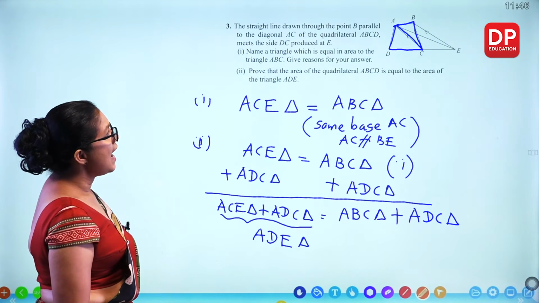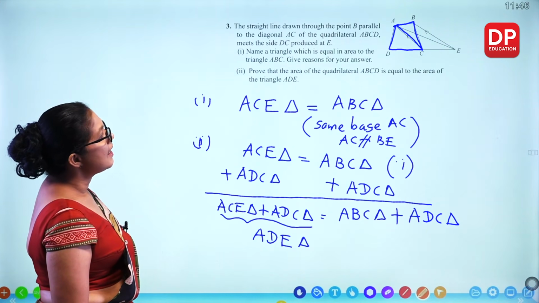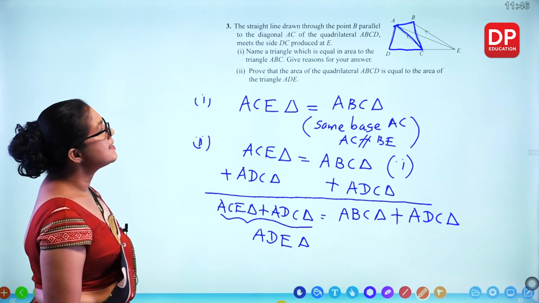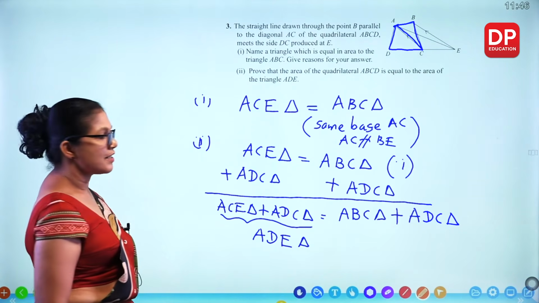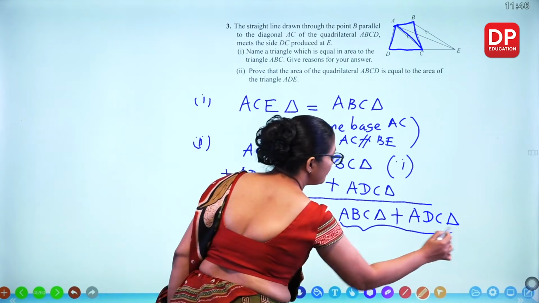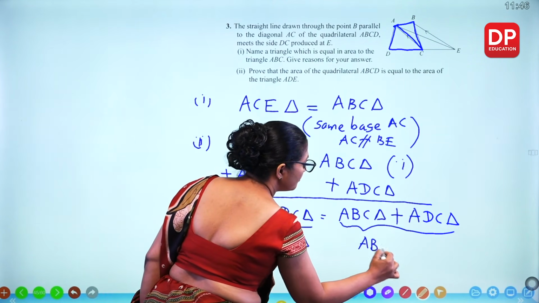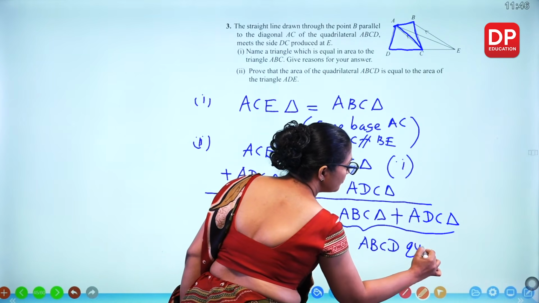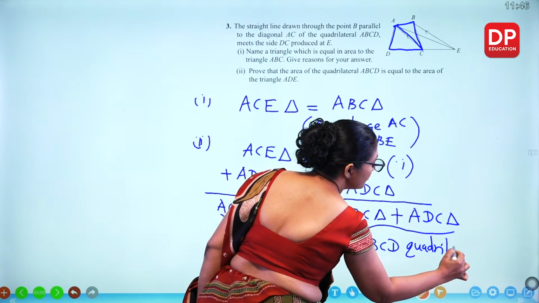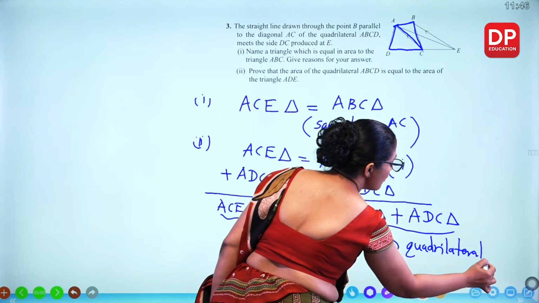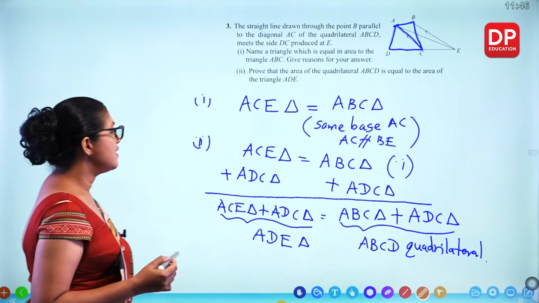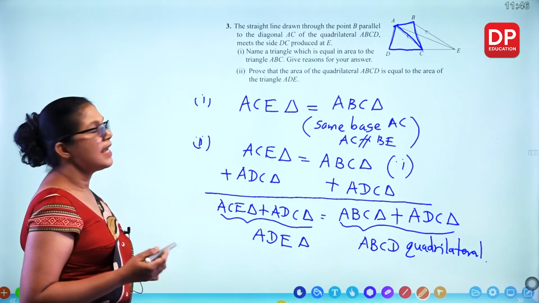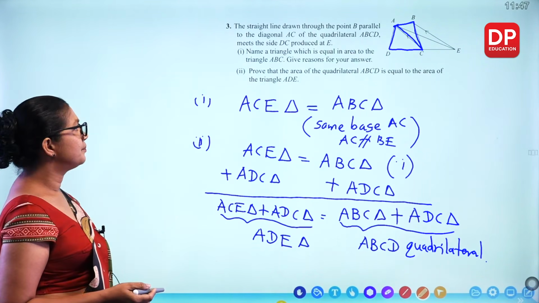ABC and ADC, I am getting quadrilateral ABCD. So quadrilateral ABCD is equal to triangle ADE.